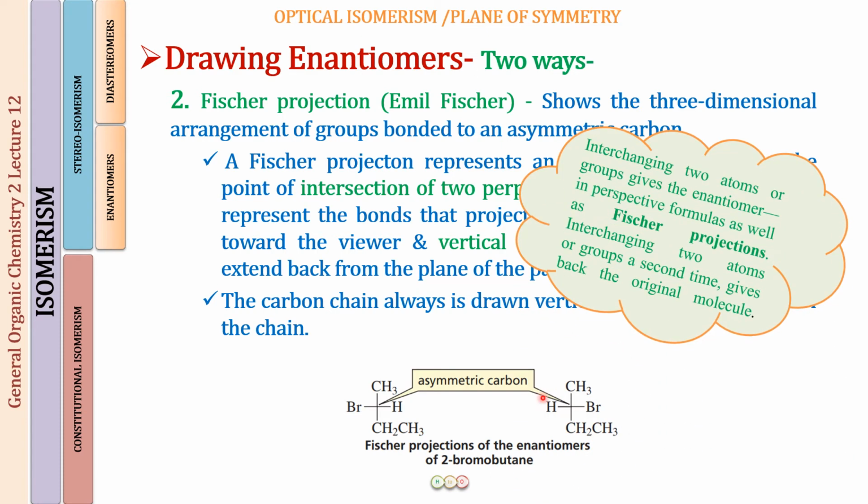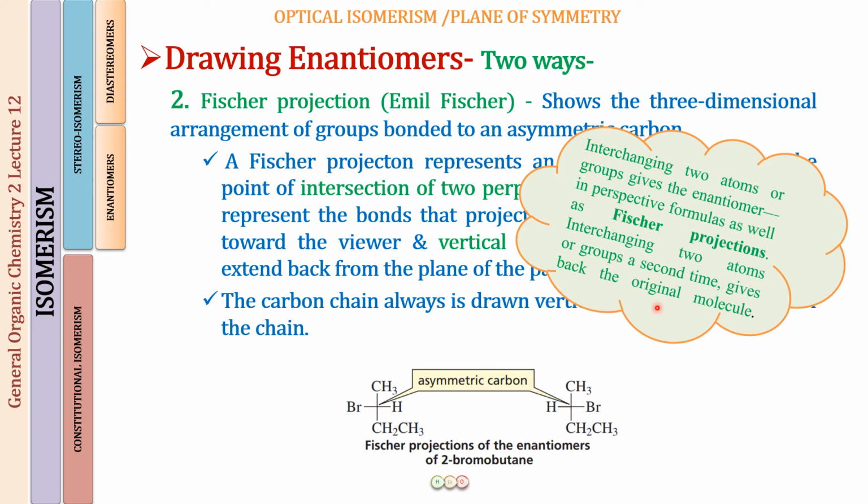So now another thing which I've shown you in the models in the previous lectures was that if we interchange the position of two atoms or two groups around the asymmetric carbon, we will be getting the enantiomer in the perspective formula as well as in the Fischer projection. But if we interchange two atoms or groups a second time, it is going to give us back the original molecule.